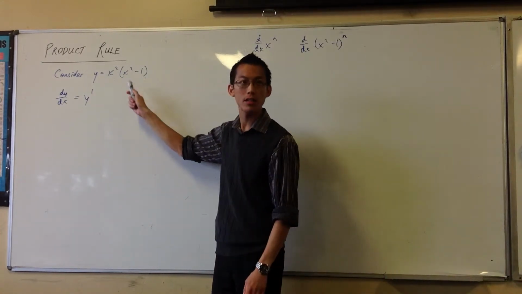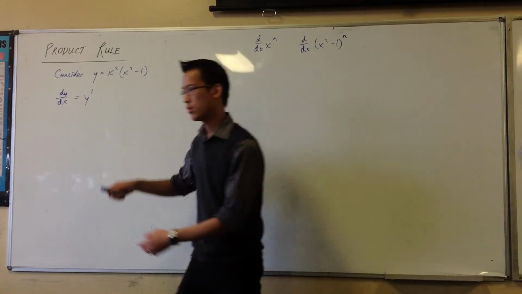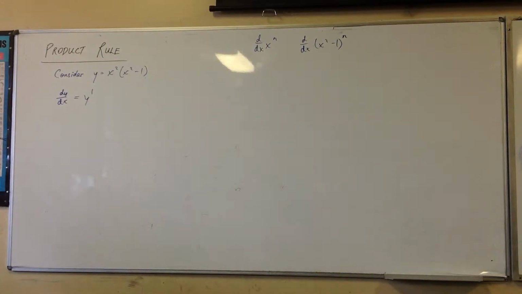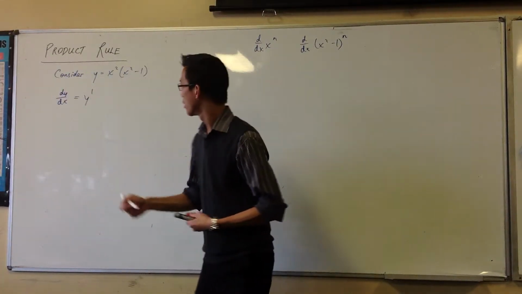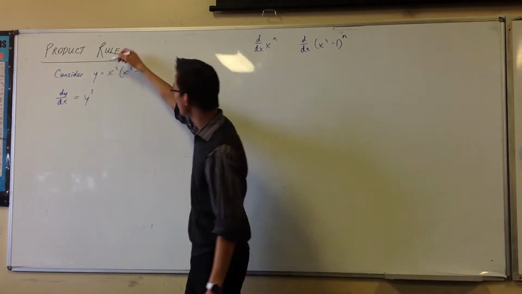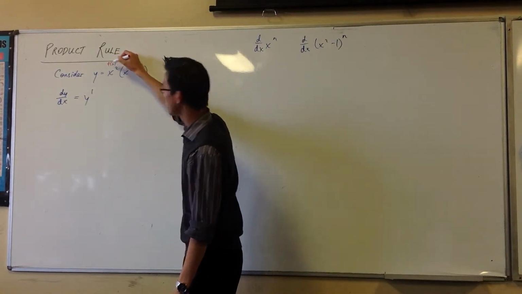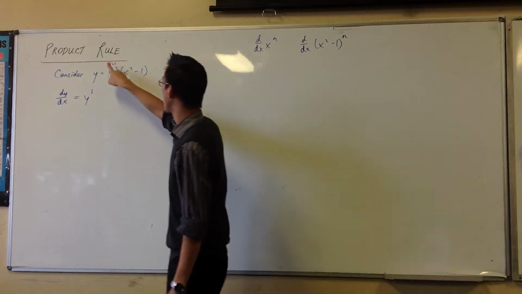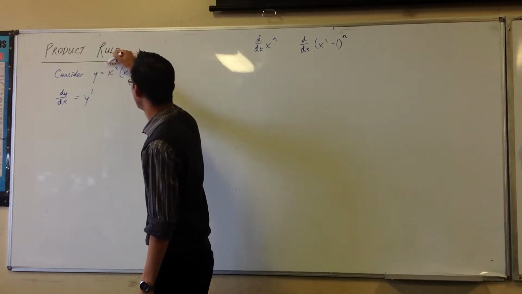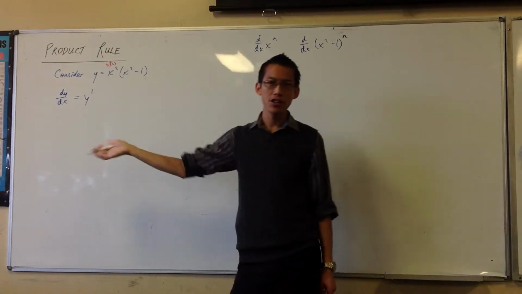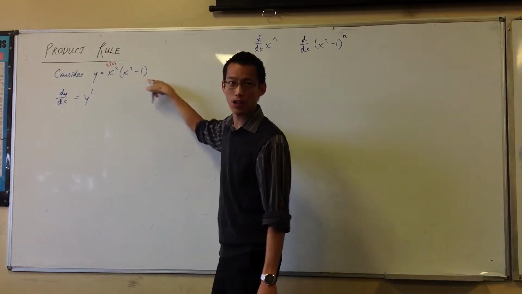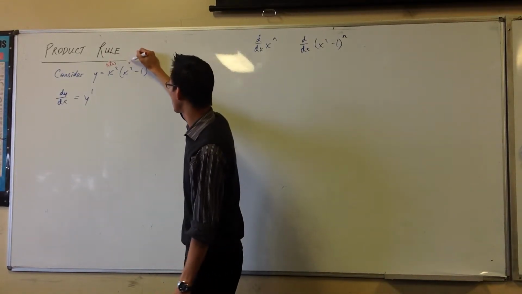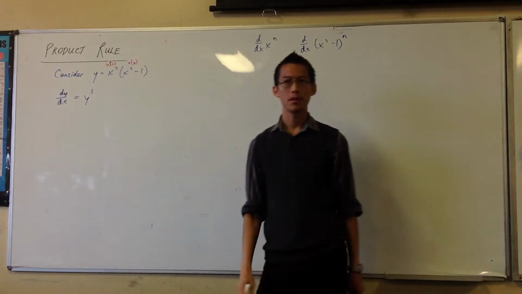Well, it's a product of two other functions, right? So would it be unreasonable to think, if you've got a function here, let's call this part u, because that's what I'm going to call it later, and another function here that I'm multiplying by, which I'm going to call v.